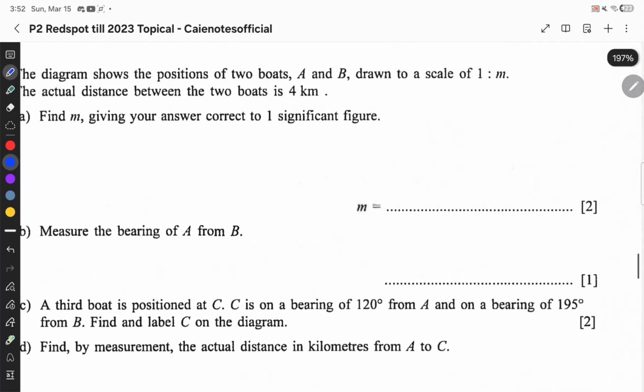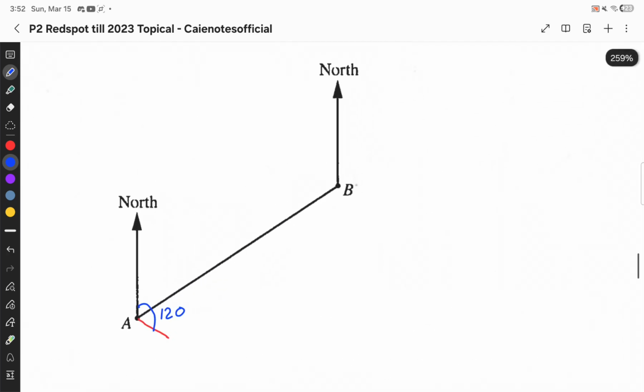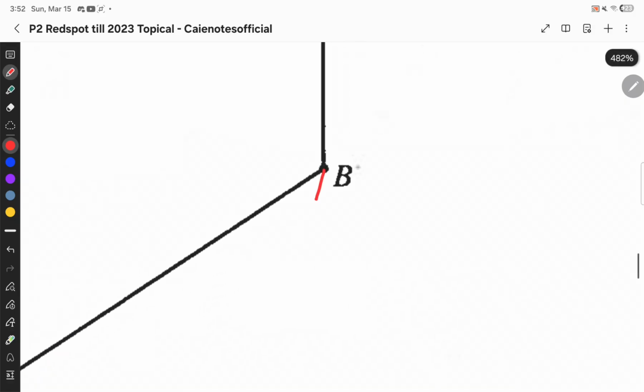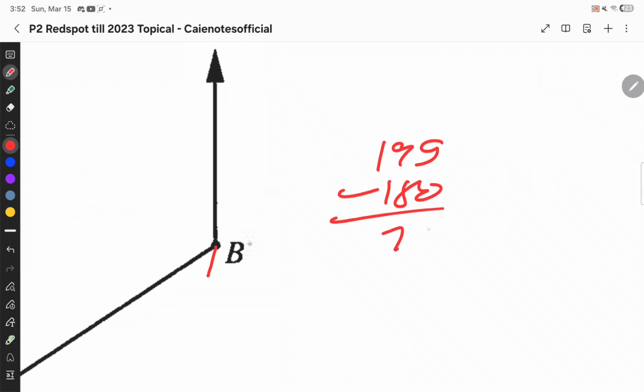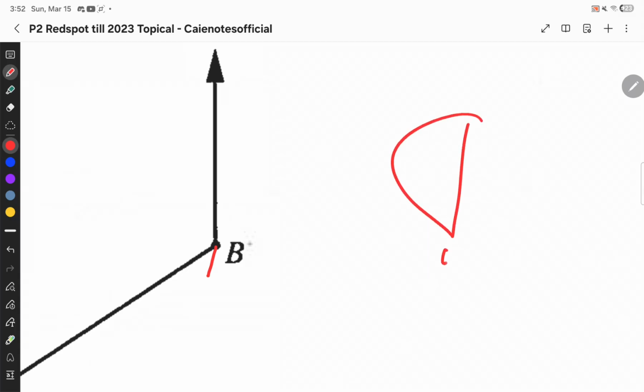and on a bearing of 195 from B. So from B, we go 195, it's a bit like here. Why? Because 195 is greater than 180, so we do 195 minus 180 is equal to 15. So we use our protractor like so.